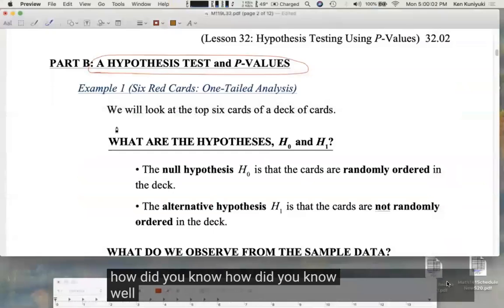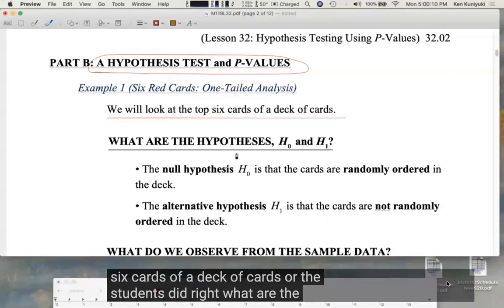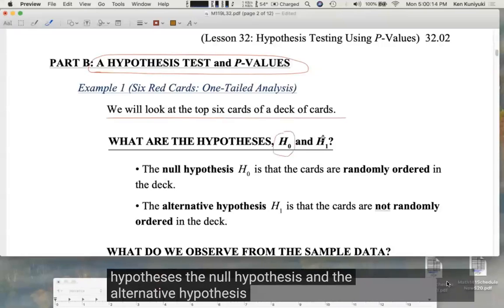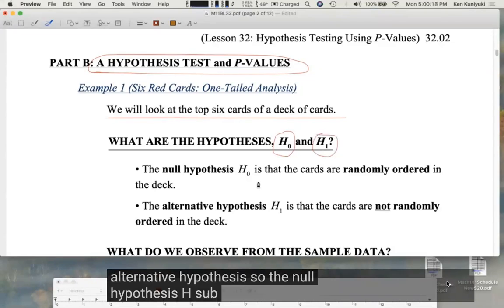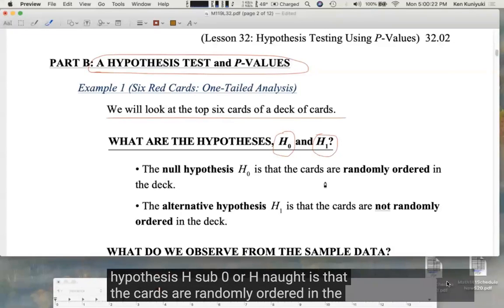Well, example 1. We will look at the top 6 cards of a deck of cards, or the students did, right? What are the hypotheses? The null hypothesis and the alternative hypothesis. So the null hypothesis, H sub 0 or H naught, is that the cards are randomly ordered in the deck.